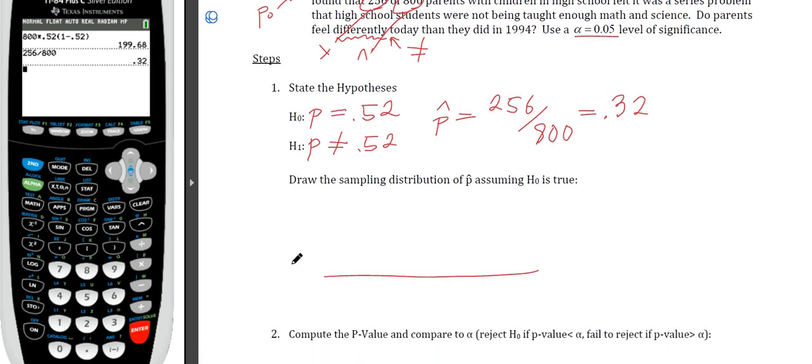With the sampling distribution, we have 0.52 in the middle here, and 0.32 is going to be way down here. We're going to find the percentage of this, that p-value.